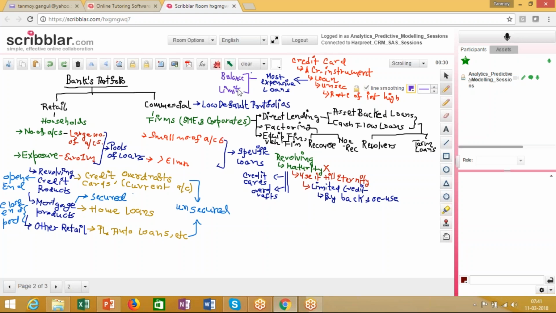Balance and limit. So what is balance and what is limit? Limit is the amount of credit that the bank gives you access to.